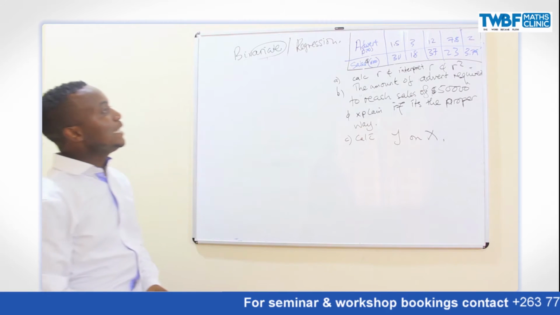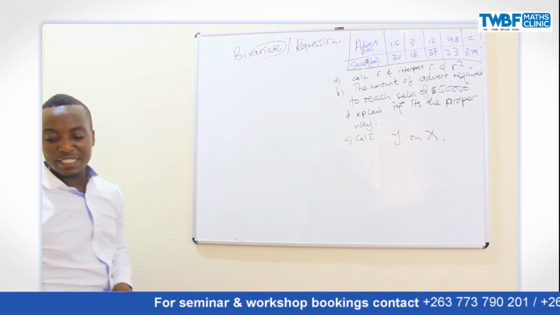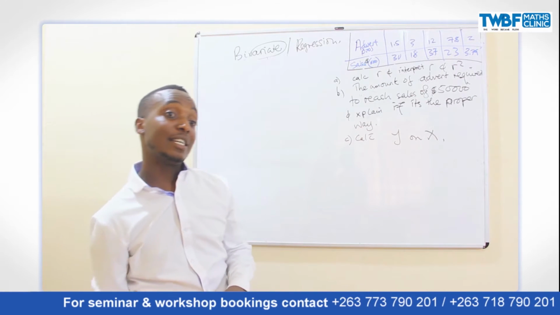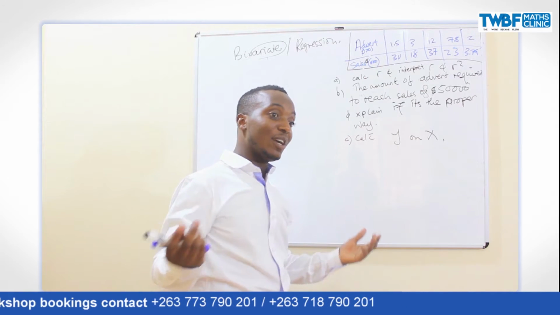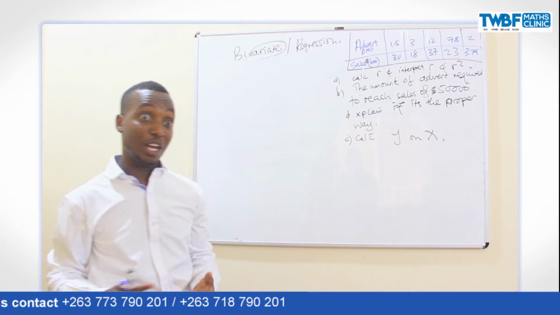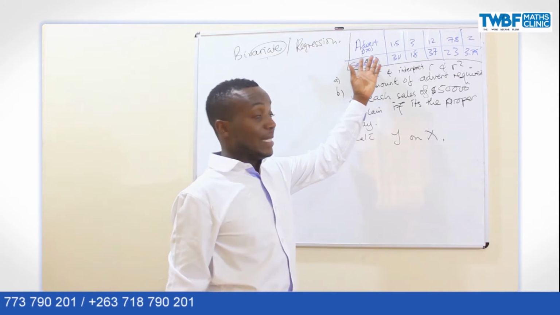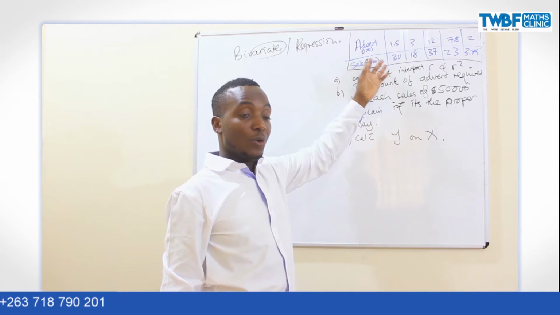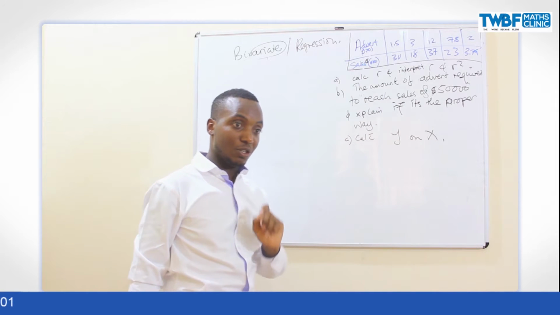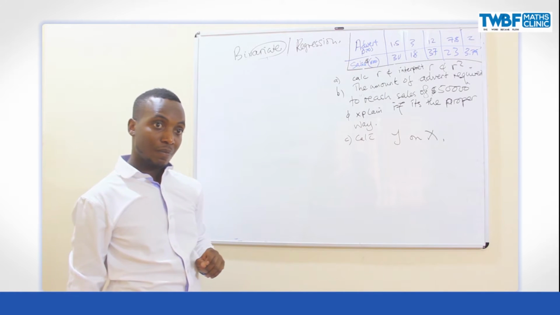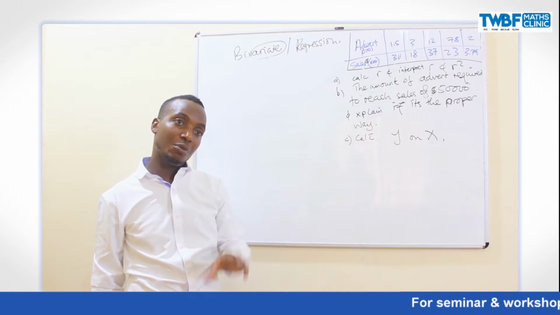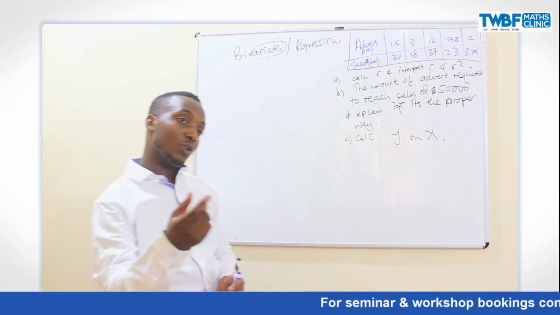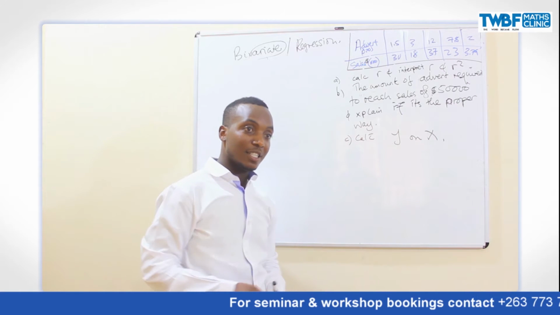Alright, the starting point, you take your calculator, scientific of course, Casio fx-991EX or whatever calculator that you have. You enter this data, you go where there is mod, the mod button on your calculator. If you press mod, it will give you several options, and on those options there is statistics.